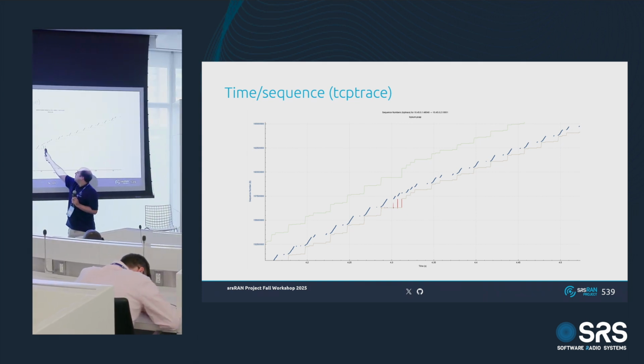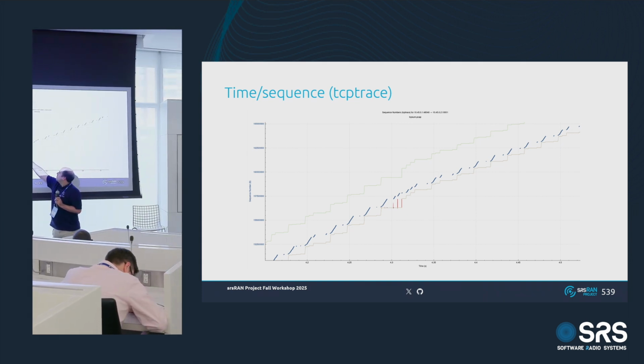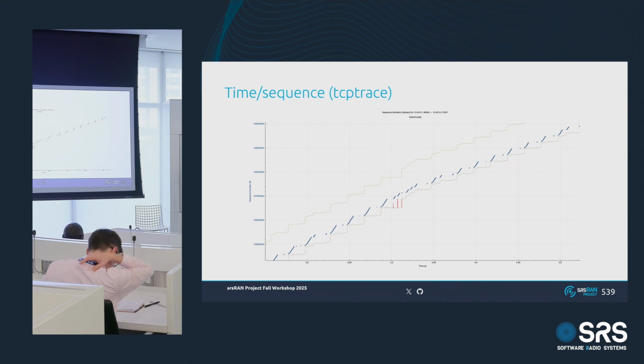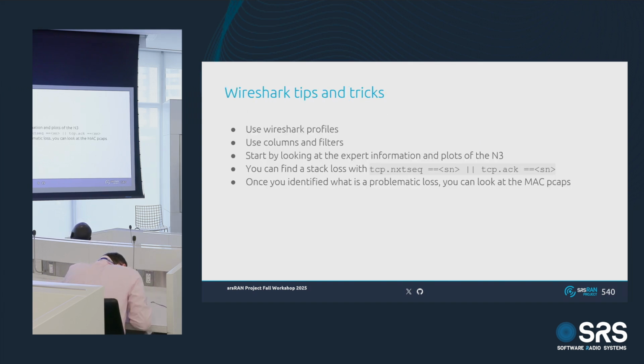There are some selective ACKs. There are some retransmissions of sequence numbers that were sent again. So all these plots are very good for you to figure out what's going on, where are my losses, why is this not working properly.